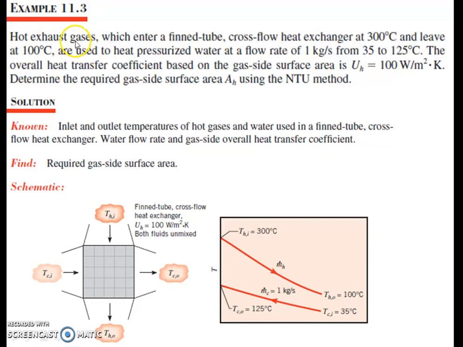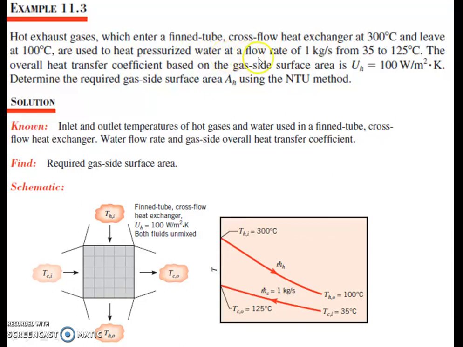We have to know whether this is the working fluid or the assisting fluid. The question also says it is used to heat pressurized water. From this sentence, we notice that the water is the working fluid and the hot gases are the assisting fluid to heat up the water inside the pipe.